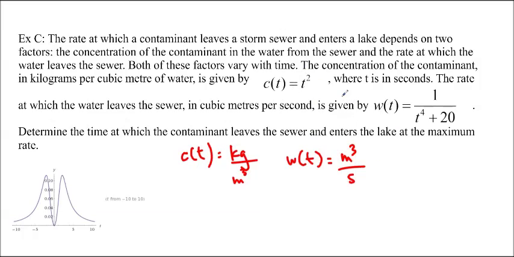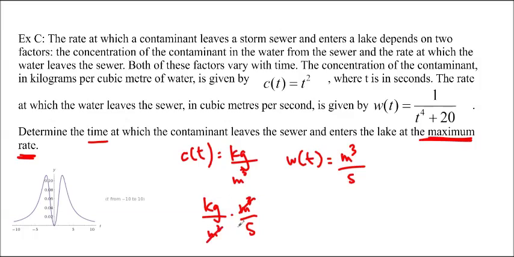We want the time at which the contaminant leaves the sewer and enters the lake at the maximum rate, so we want to find a rate over time. If we multiply these together, we get kilograms per meter cubed times meters cubed per second. If I wanted to add or subtract, I should have the same units, right? But because I have different units, I'm going to have to multiply them together.